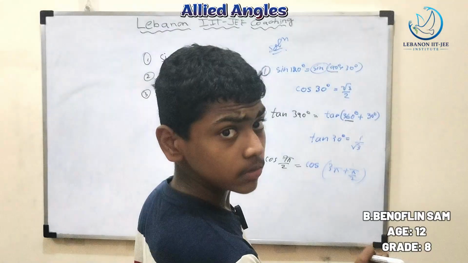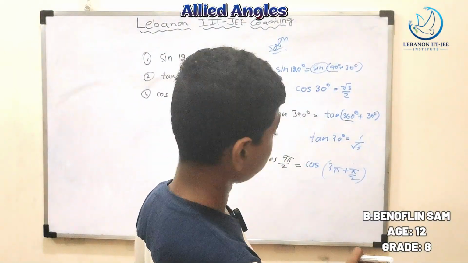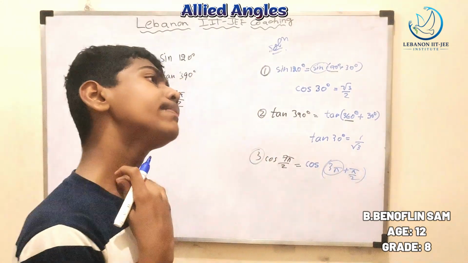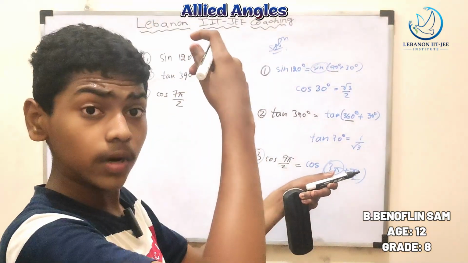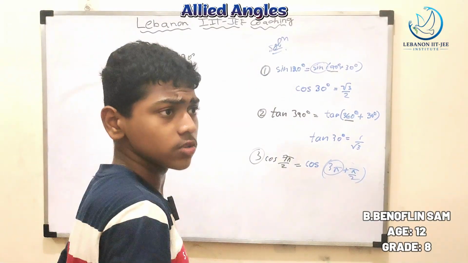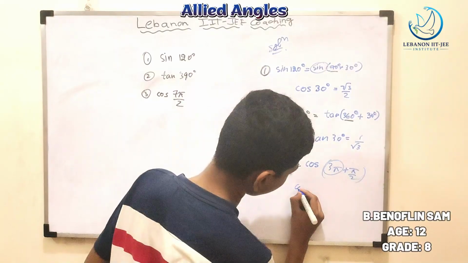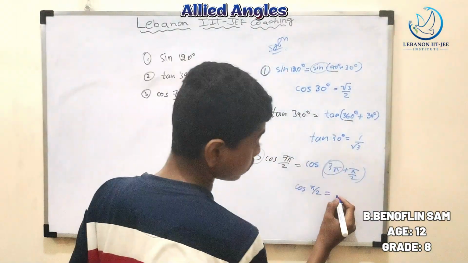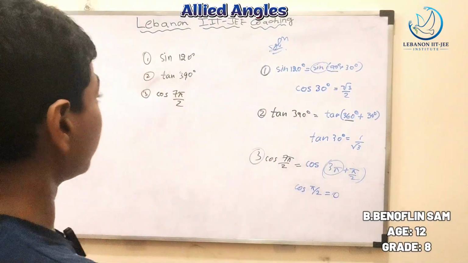Here 3 pi is of the n pi form, with no denominator, so there will be no change. So cos pi by 2 is equal to 0. That's how the answer comes.